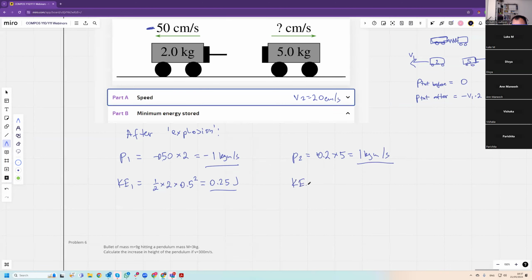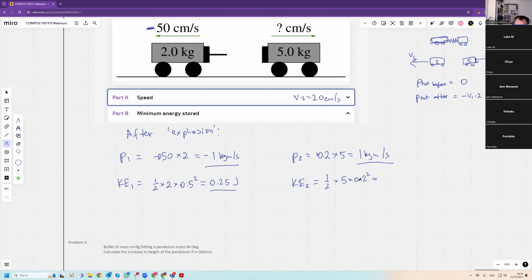Kinetic energy of the second trolley is 1/2 times 5 multiplied by 0.2 squared, which I believe to be 0.1. Let me double check. 0.2 squared.